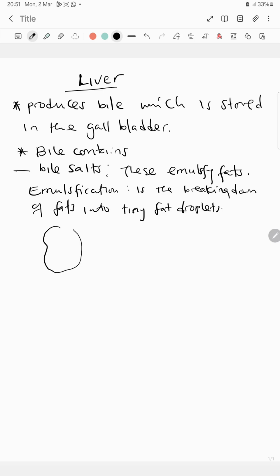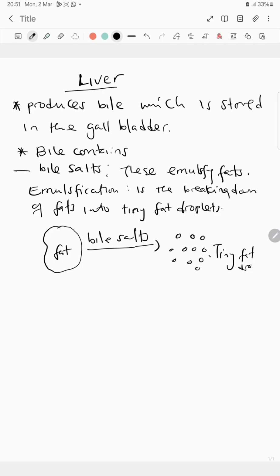Let's say this is a fat. Then together with the bile salt is going to produce this. So this is what we call tiny fat droplets.